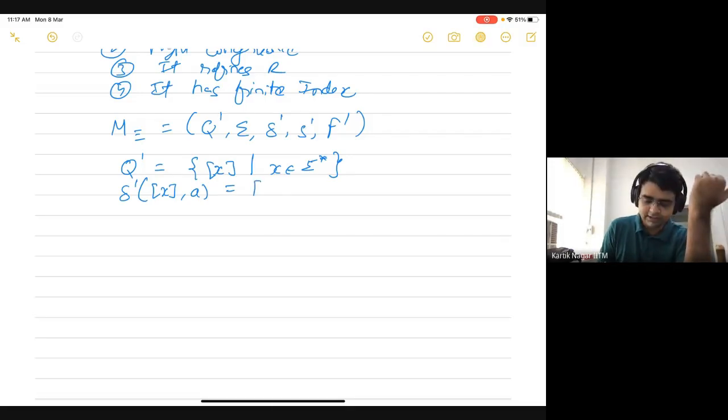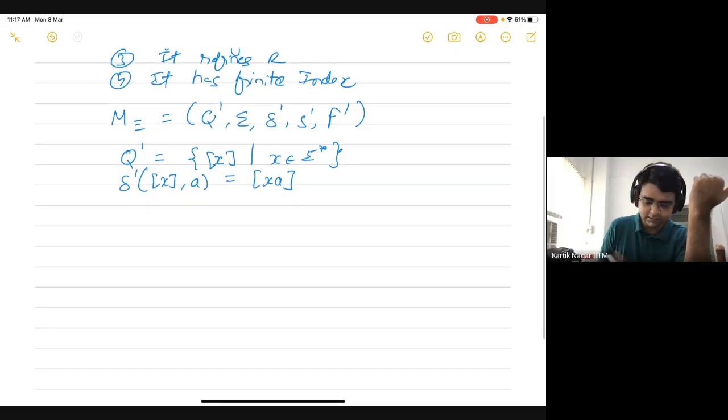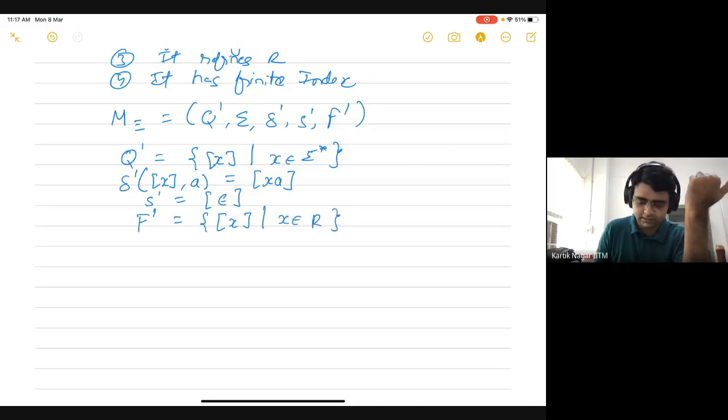We will define this as the equivalence class of xa. The start state s prime will be the equivalence class of the empty string. And the set of final states F prime will be the equivalence classes of all strings x such that x belongs to R.